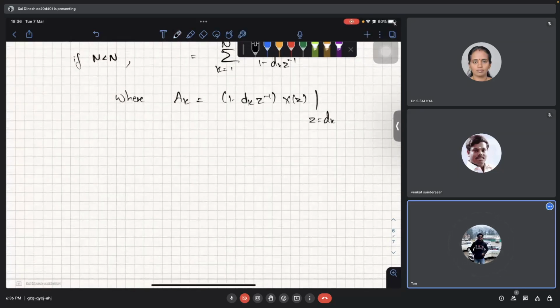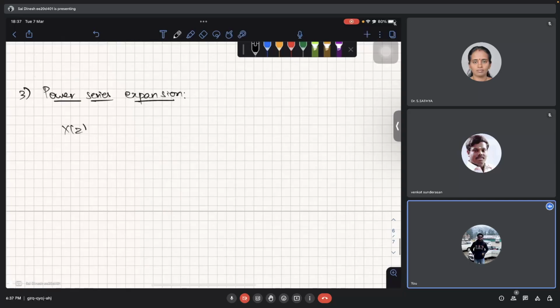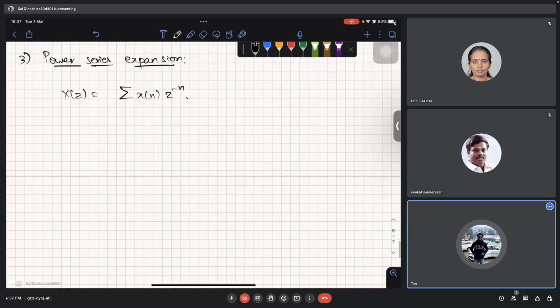And then the final method is power series expansion. Power series expansion is x of z equal to sigma x of n z power minus n.